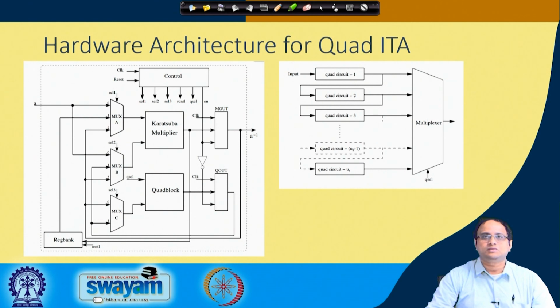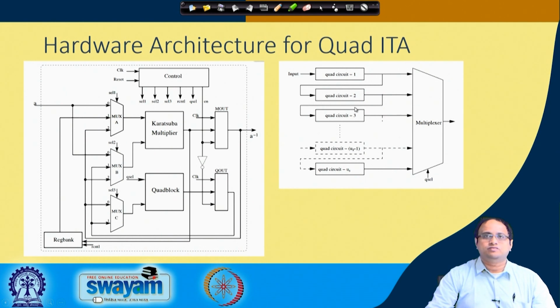And then if I take a look into my quad block, as we have seen in the square root circuit, we have a cascade of quad circuits. Here again I have US quad circuits which I have cascaded, all of them are quads individually, and then there is a multiplexer at the output of these US stages. That means if the number of quadings that I want to do is less than the number of stages US, then I can multiplex that output correspondingly.